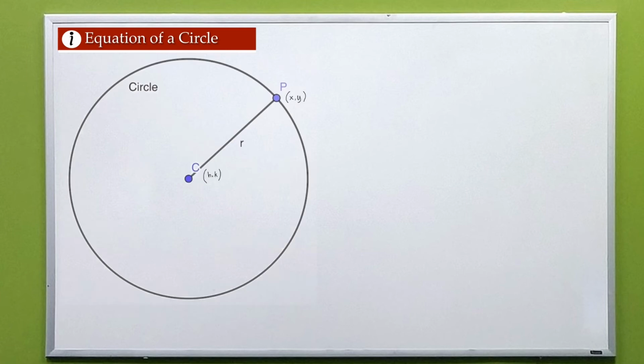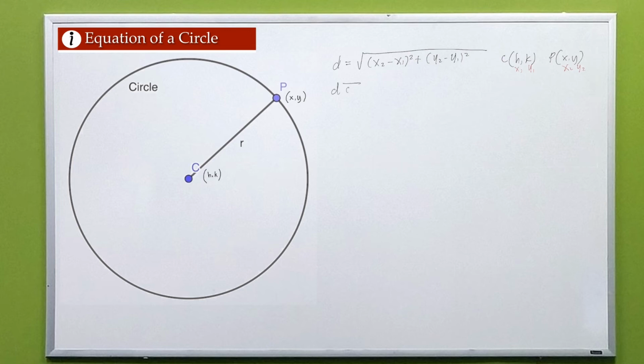The derivation of the equation of the circle is by the use of the distance formula. D equals the square root of the quantity x sub 2 minus x sub 1 squared plus the quantity y sub 2 minus y sub 1 squared. We make use of point C and point P in this example, where C is the center of the circle and P is any point on the circle.